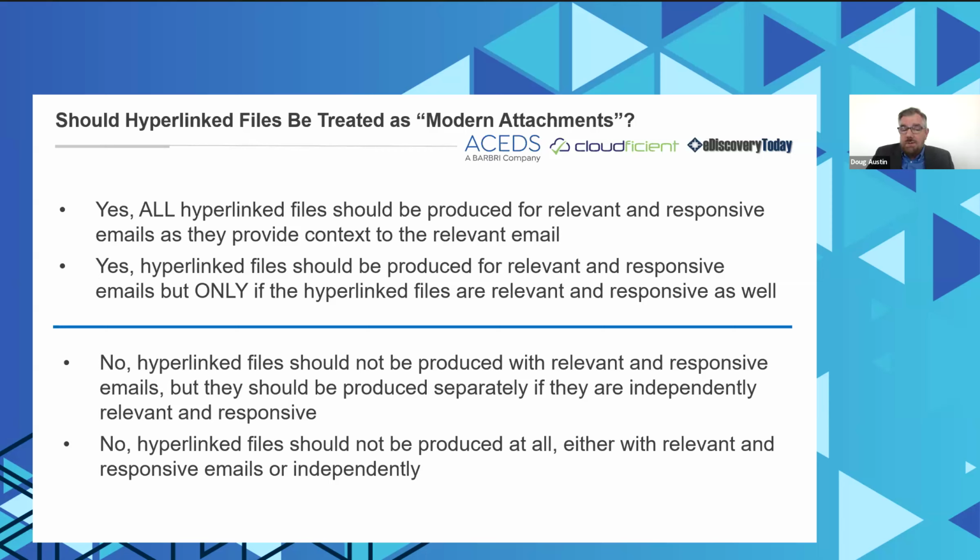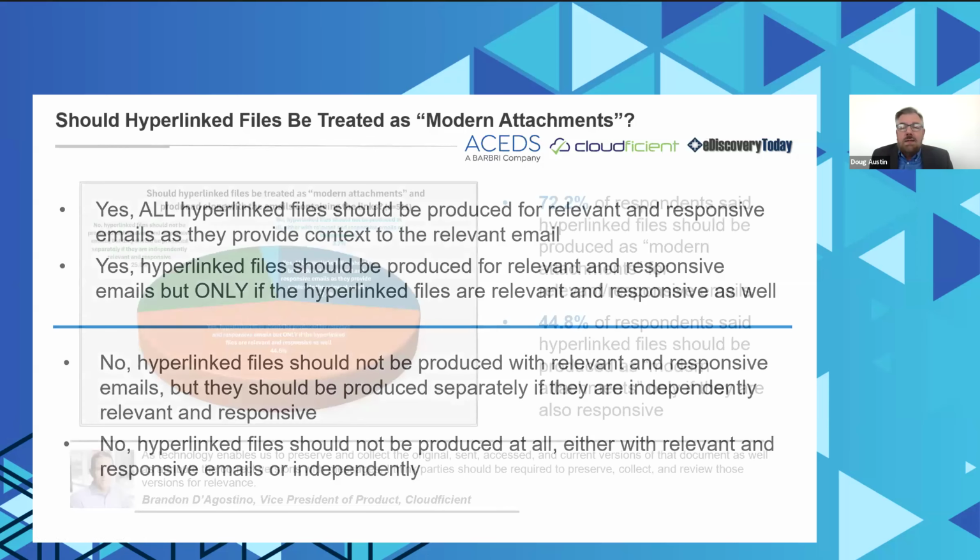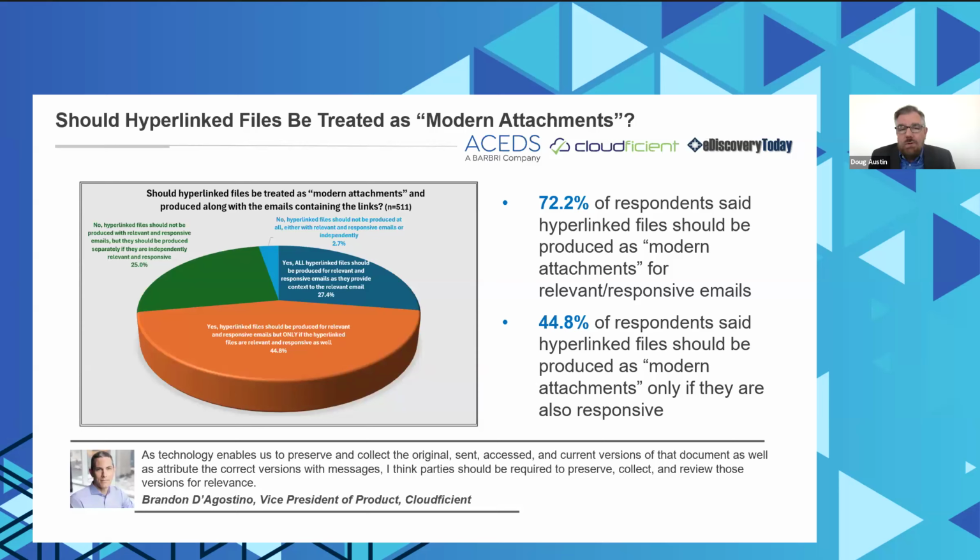So what do you all think? Is it 50-50 in terms of the yeses versus nos? In fact, it is not. Almost 3 out of 4 respondents felt that hyperlinked files should be produced as modern attachments for relevant responsive emails. And it's notable that nearly half of respondents said they should be produced, but only if they're also relevant and responsive.